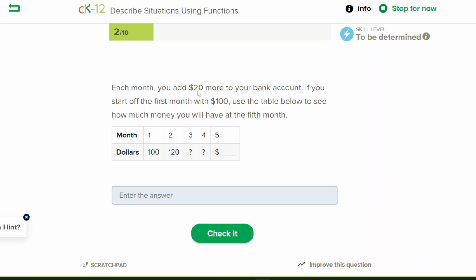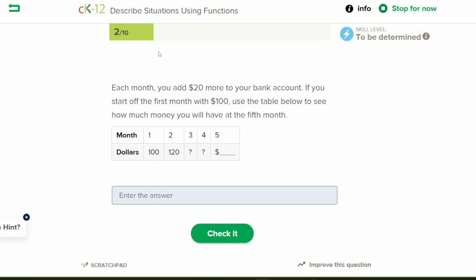You see how it's 120 in month 2. Then add 20 again for month 3, that'd be 140. Add 20 again for month 4, that'd be 160. And add 20 again for month 5. This is going to be $180 in the bank account in month 5.